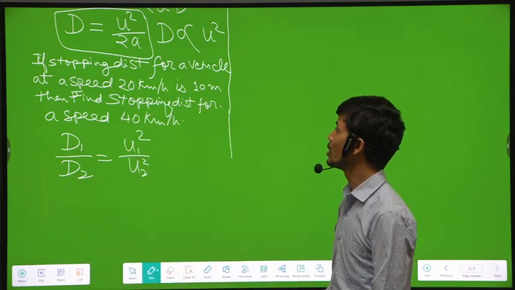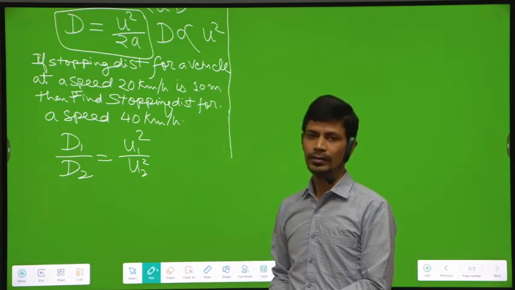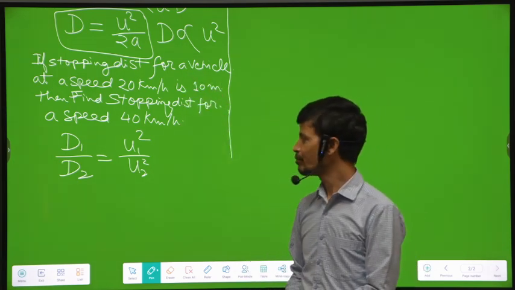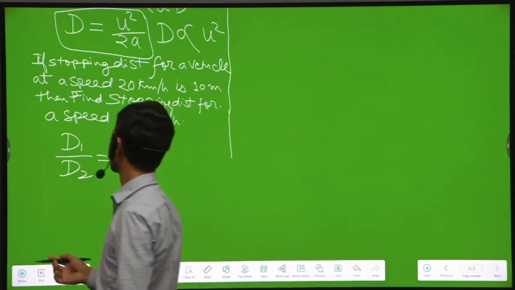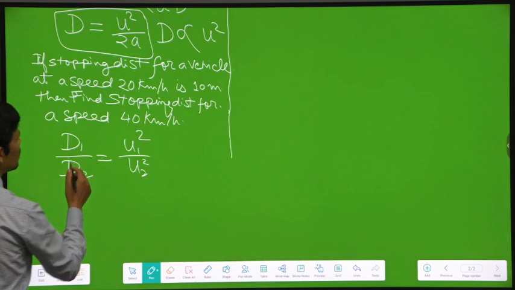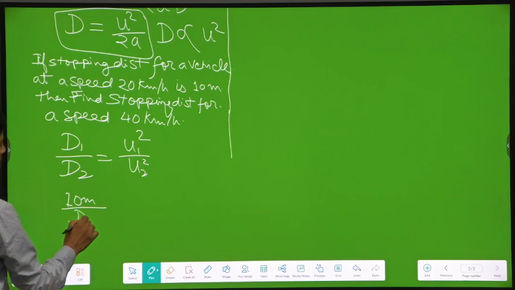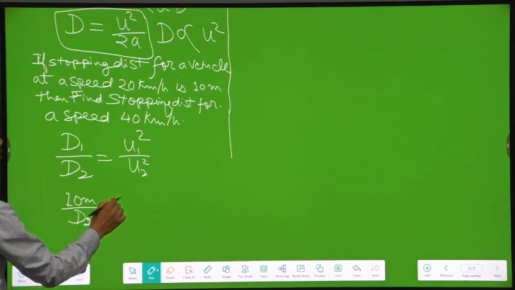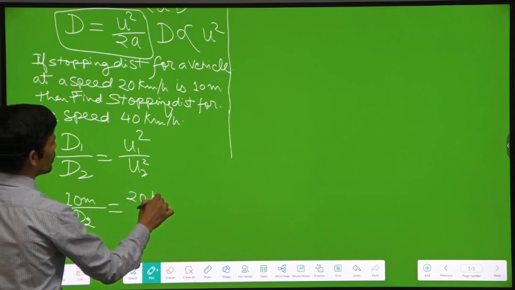The constant term 1 upon 2a will be eliminated. Here the first distance is given, 10 meter, and we need to find the second. u1 is 20 kilometer per hour.